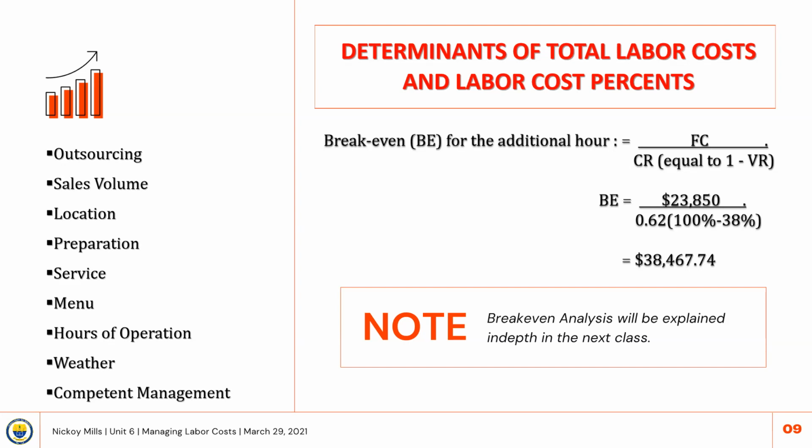Service is also a determinant of labor costs. Now, food service establishments could also be charted on a scale of 0 to 100 based on the amount of service offered to the customer. At the lower end of the scale, one would find vending machine operations offering no service.